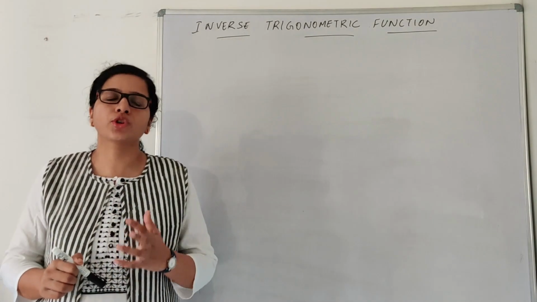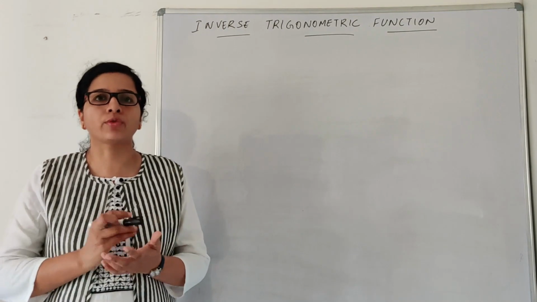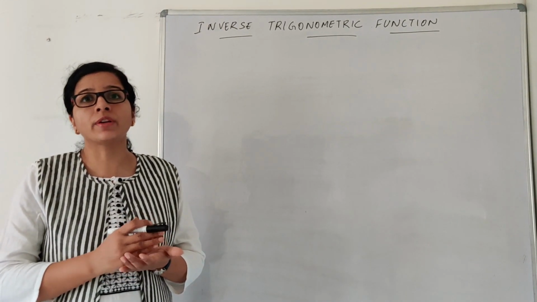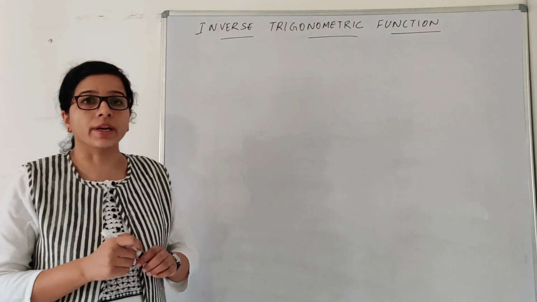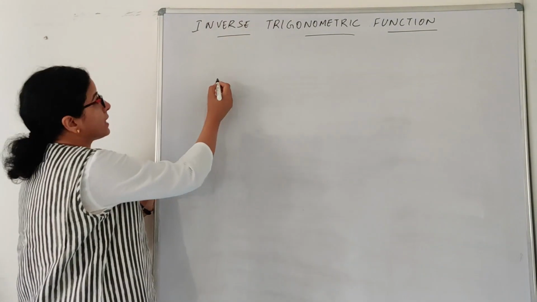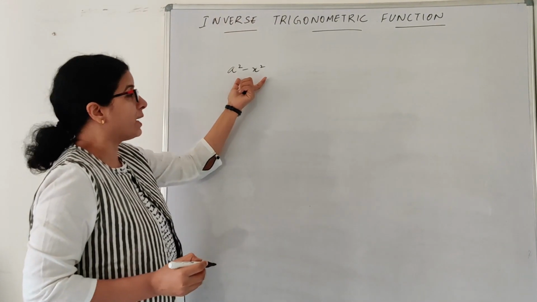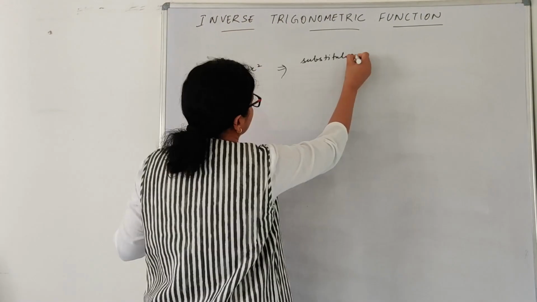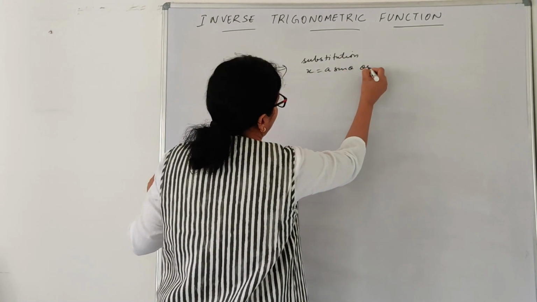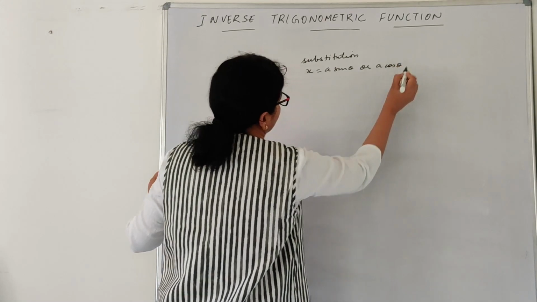Now we will talk about the questions in which we have to simplify trigonometric ratios involving inverse trigonometric functions. In that case we have to use certain substitutions. For example, if you have a square minus x square, you can write x is equal to a sin theta or a cos theta.